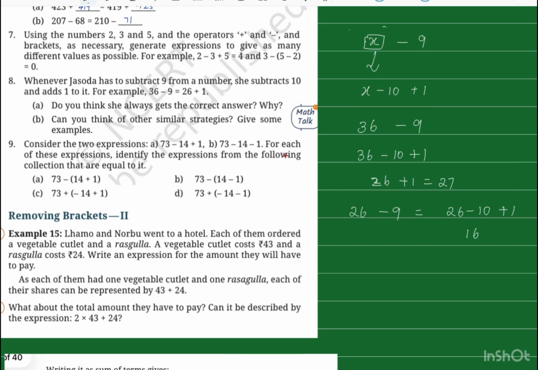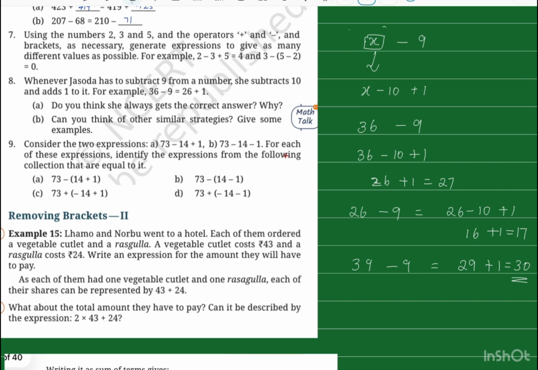Then it will become 26 minus 10 is 16, plus 1 is equal to 17. For number 39, she subtracts 10 from 39 and then she gets 29. Then adding 1, she got 30. So the answer is correct.